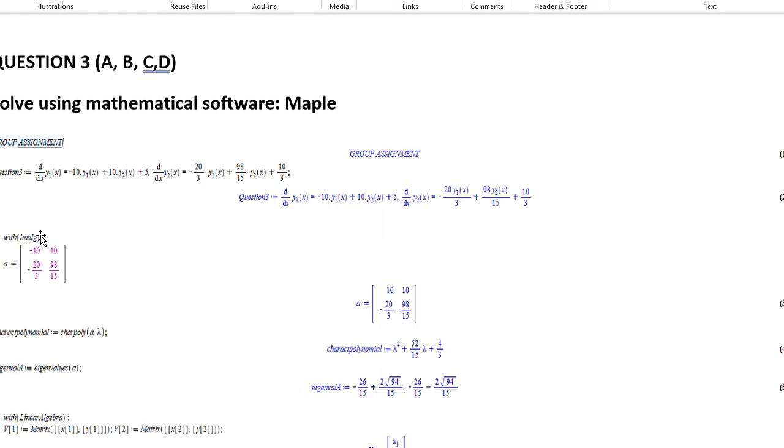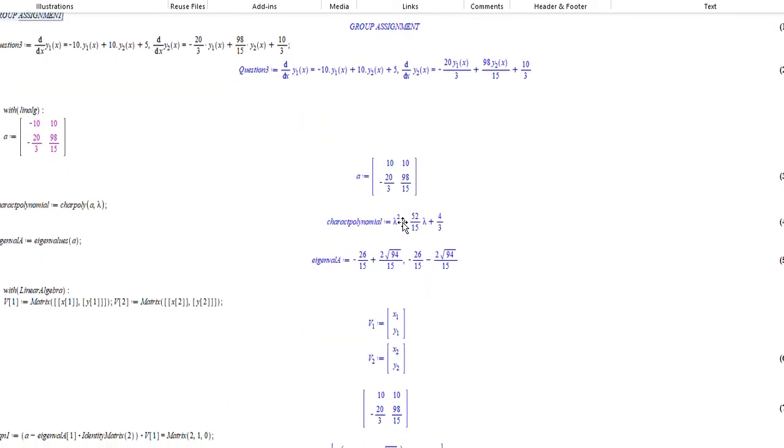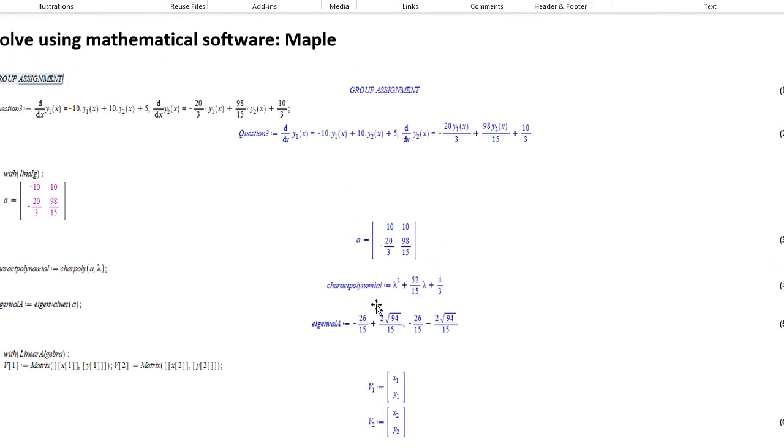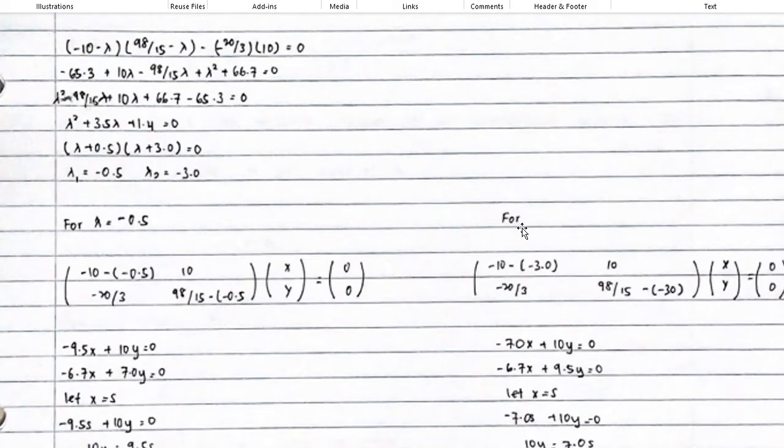So next step, I put A, and you can put any word, B, C, D, as long as you put this double dot before the equal. So we store the value, and for this part we need to find lambda, and we simplify, and the answer will be the same as the previous one, which is here.